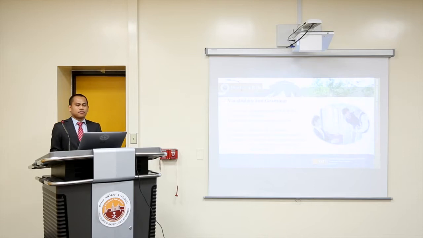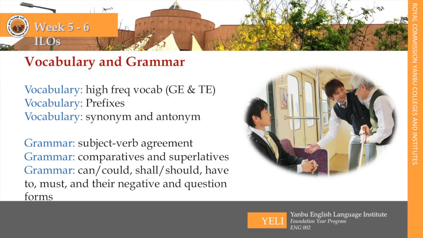For Vocabulary and Grammar, you should be able to familiarize yourselves with high-frequency vocabulary for both General English and Technical English. You should also be able to produce meaningful sentences using prefixes and identify the synonyms and antonyms of some words.